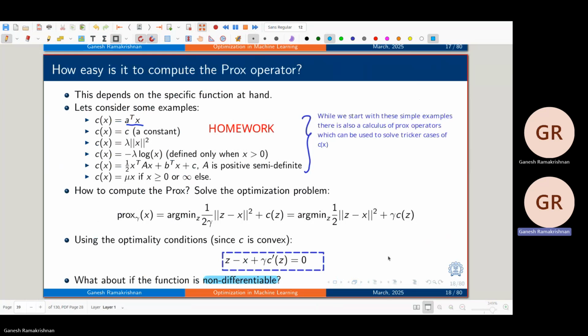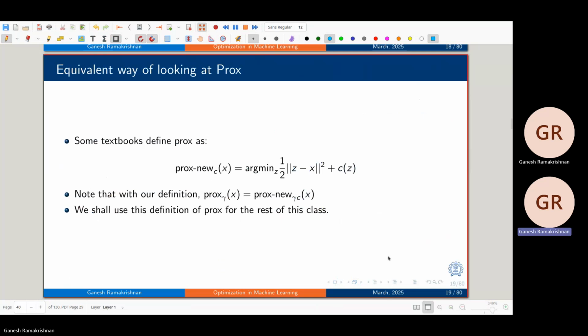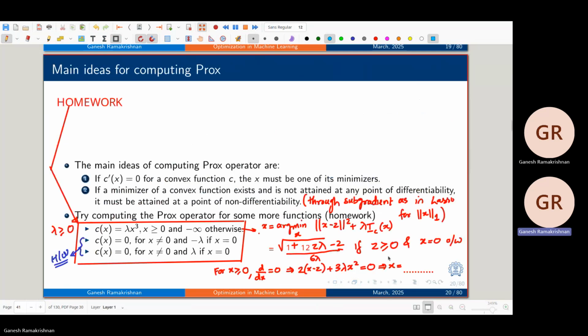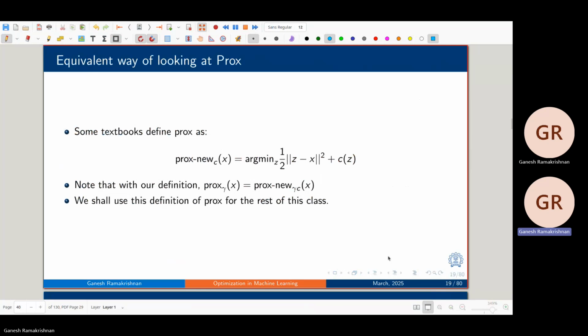So you just have to set this to zero. Well, if it's differentiable, z minus x plus gamma c prime of z should be equal to 0, the gradient, if it's differentiable. Out of curiosity, you want to check what it turns out to be. Actually, a small note here.